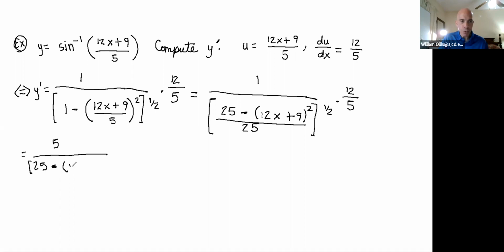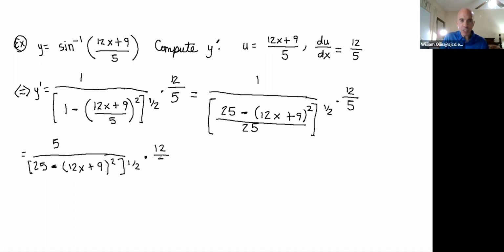So that's a minus. So we have 12x plus 9 quantity squared to the 1/2 and then of course times the 12 fifths.